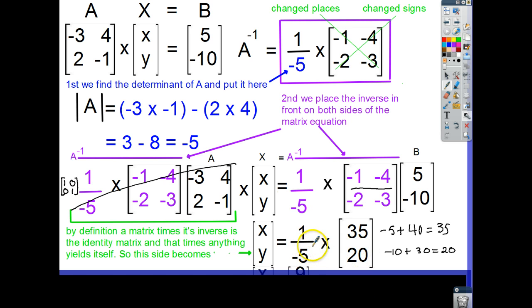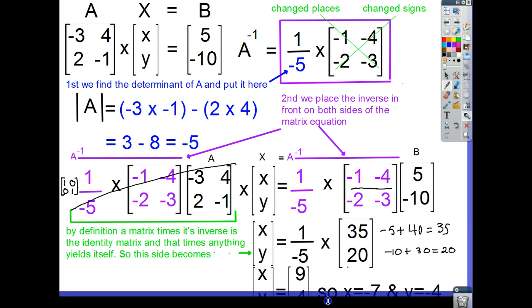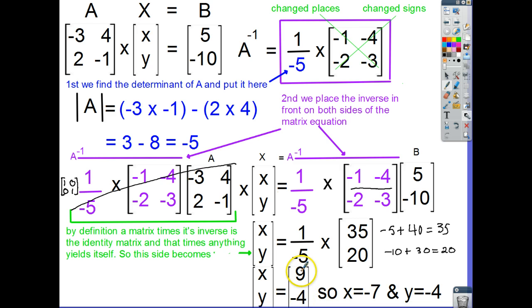So all we have to do now is multiply this scalar times the 2 by 1 matrix, and simply distribute it to both of them. When we take -1/5 and multiply it by 35, we will get 35 over -5. And this should be -7 right here, so we'll just cross that out.